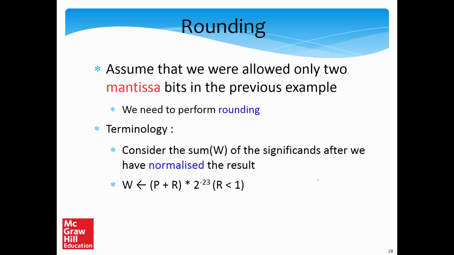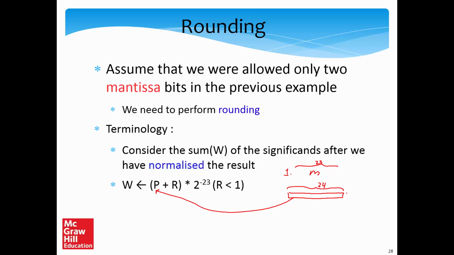So the significand is being stored as a 24-bit number in hardware. In reality, it is 1 point the mantissa, which is 23 bits, but the way that the significand is stored in hardware is one continuous sequence of 24 bits. So it can alternatively be interpreted as a 24-bit unsigned number. Let's use that interpretation over here. This is all that we can keep. We don't have space to store any more.